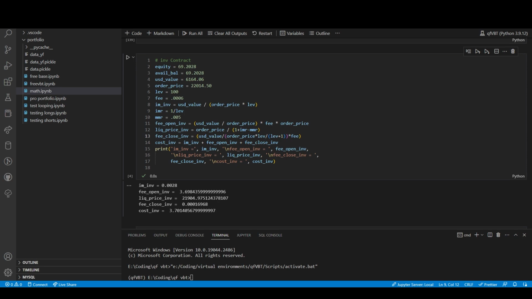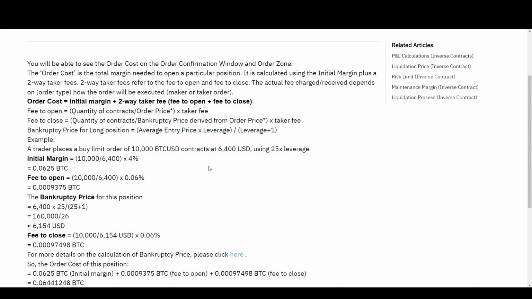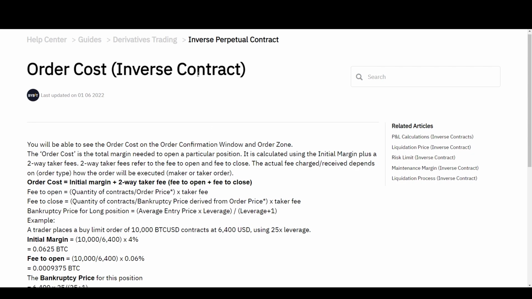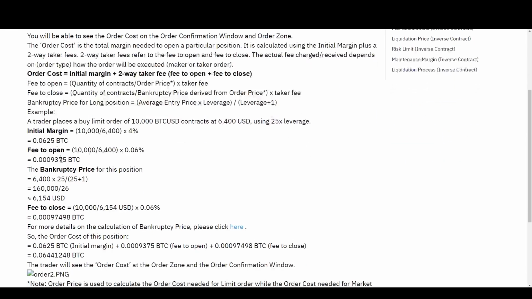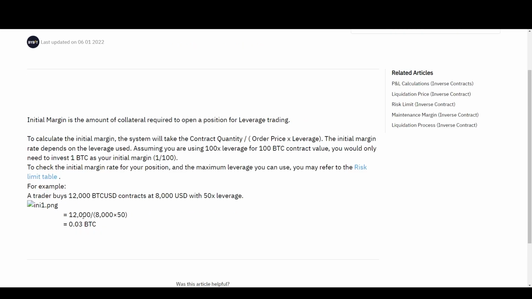Wait a minute. Look at this. Inverse contract. Initial margin is 10,000 divided by 640 times the leverage. Here, it's this divided by this times the leverage.